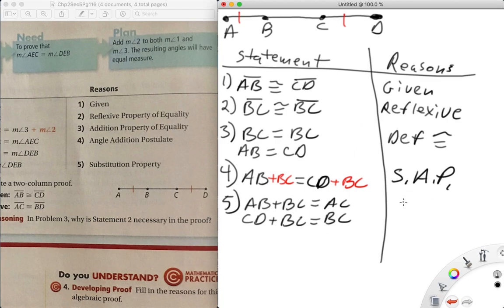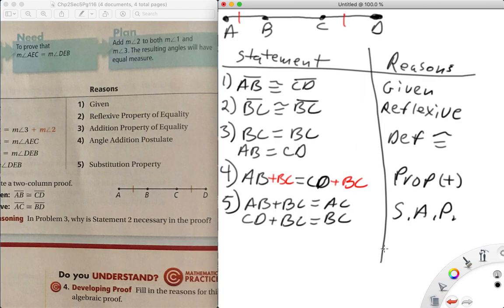That is because of the segment addition postulate. I'm skipping steps in my head. The addition property of equality was for the previous step. My fault. I'm skipping steps in my brain.